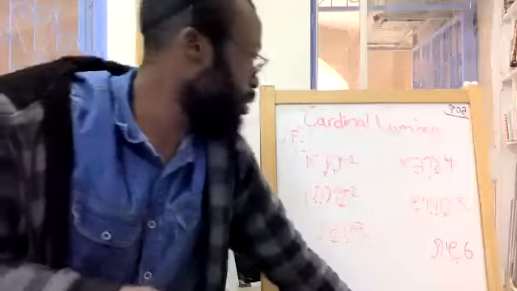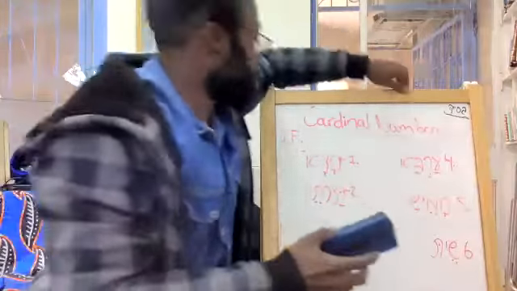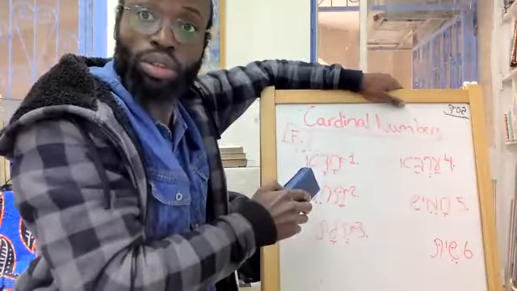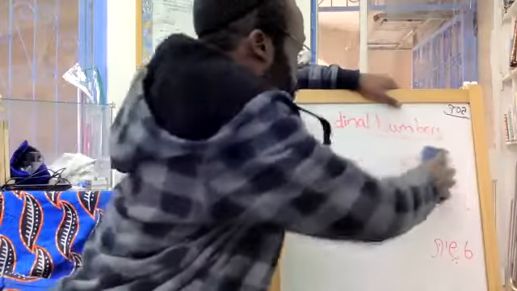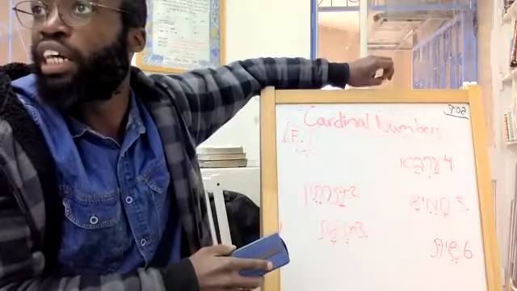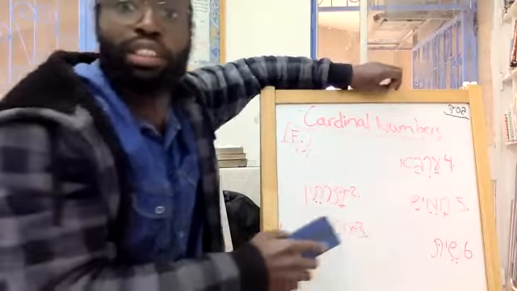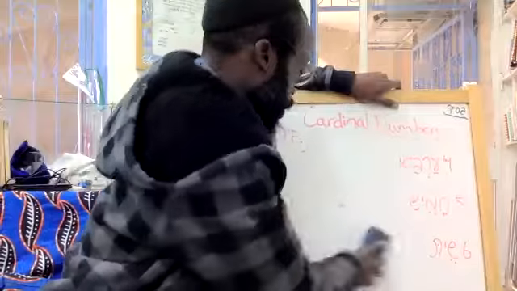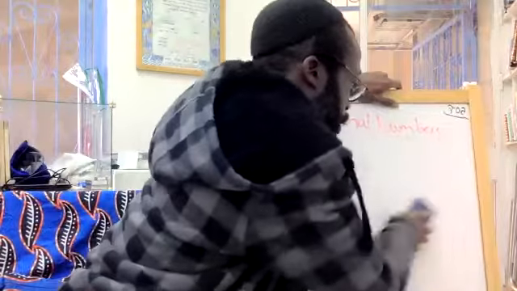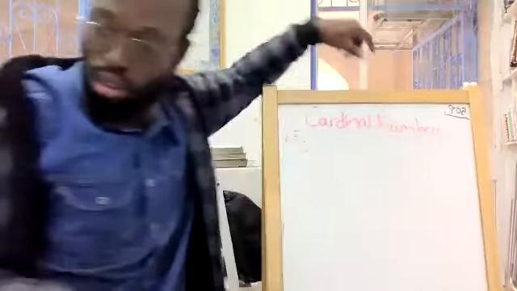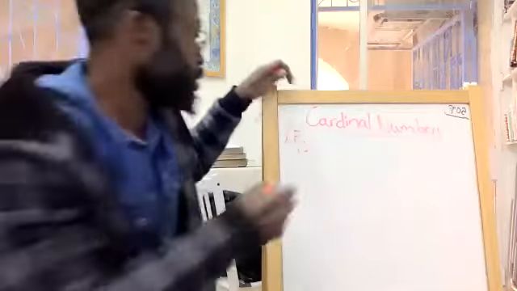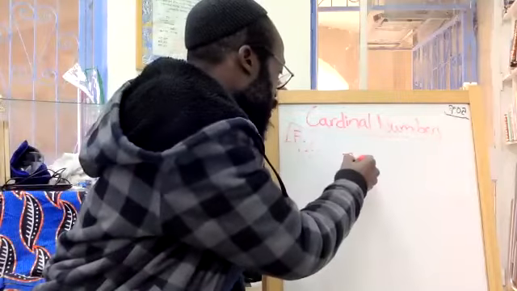Okay. Then 2 more numbers. We're almost going to do 2 more, and then we're going to go into the text. Okay. Now we're at 7. Again, Baruch Hashem, it's similar to Hebrew.